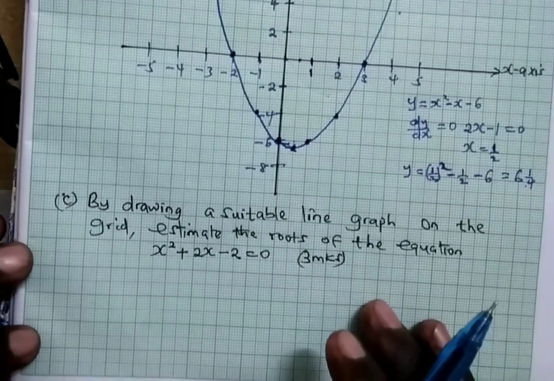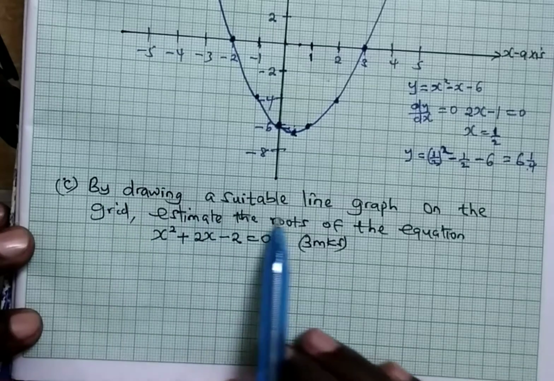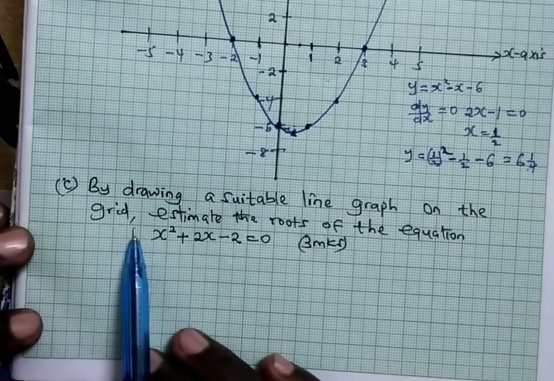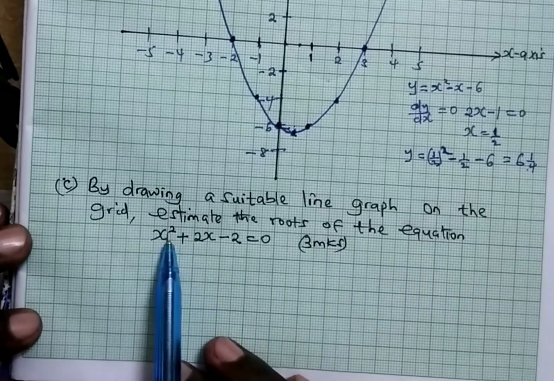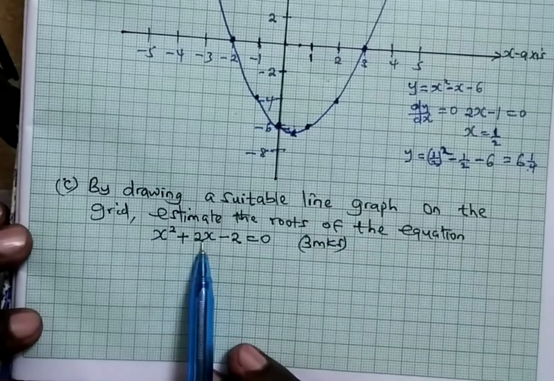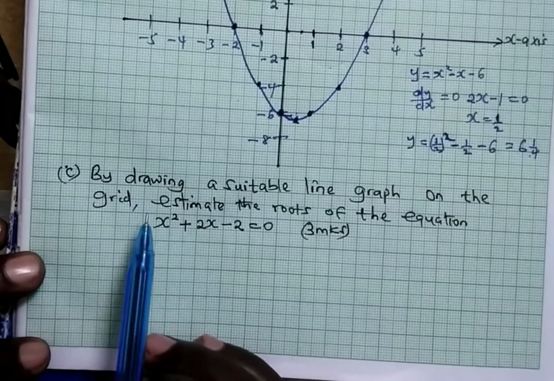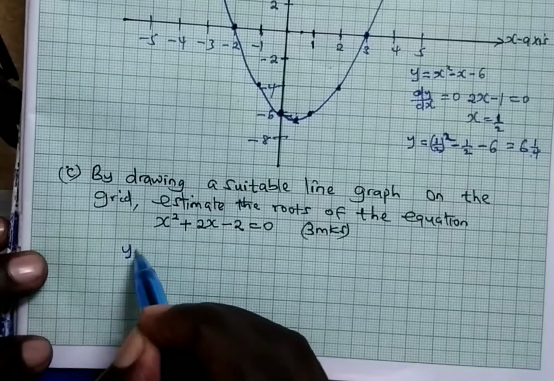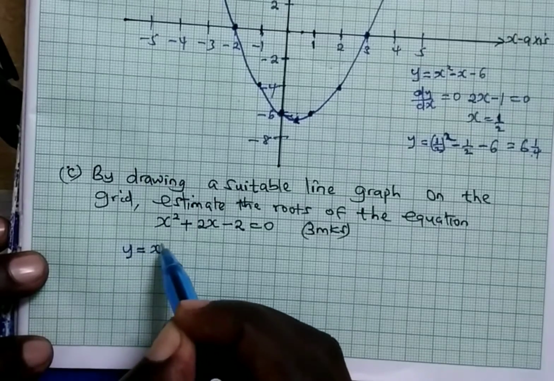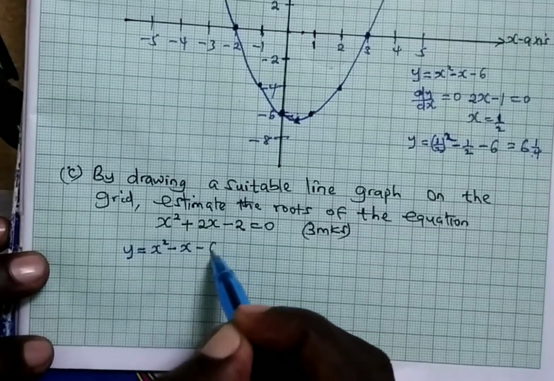Going to part C, by drawing a suitable line graph on the grid, estimate the roots of the equation x squared plus 2x minus 2 is equal to 0. And in this case, we usually use the main function, and the main function is y is equal to x squared minus x minus 6.